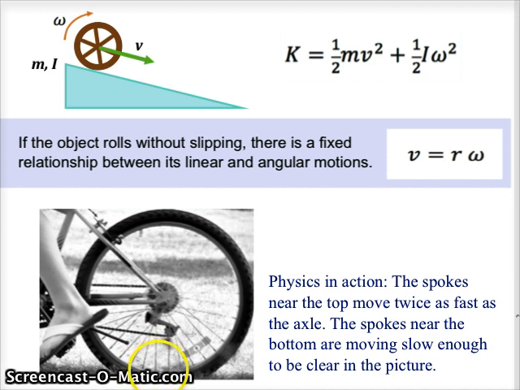That's because they're actually moving more slowly than the spokes up here. These spokes you can barely see. They're very blurry because they are moving twice as fast as the axle, which is moving much faster than the points down here, and the very contact point is not moving at any particular instant. So pretty cool stuff.